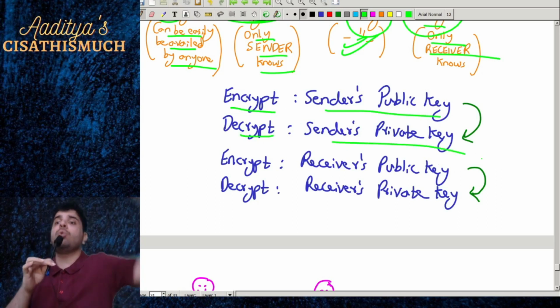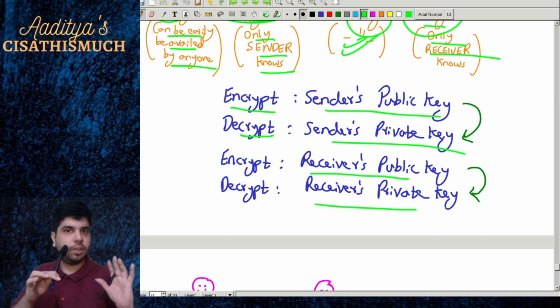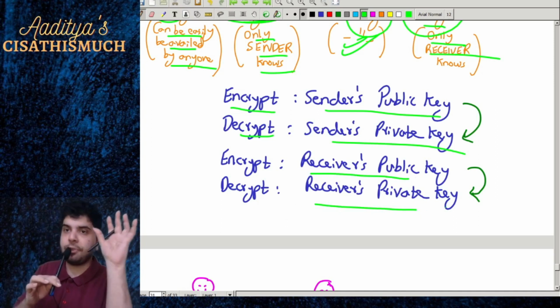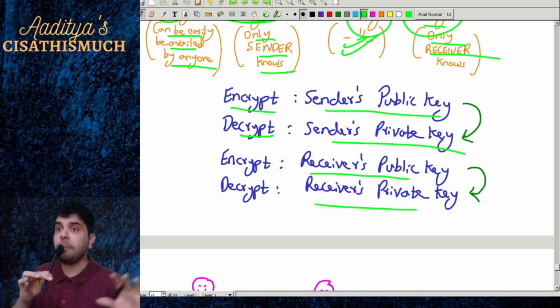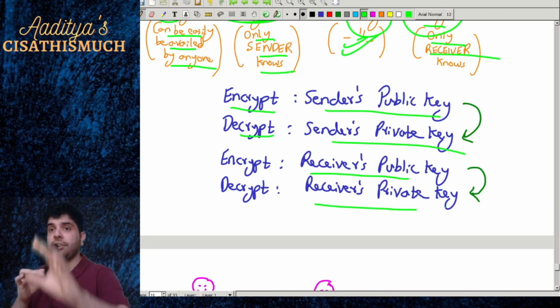But if you use the receiver's public key for encryption, you will have to use the receiver's private key for decryption. So there can be different permutations and combinations available.